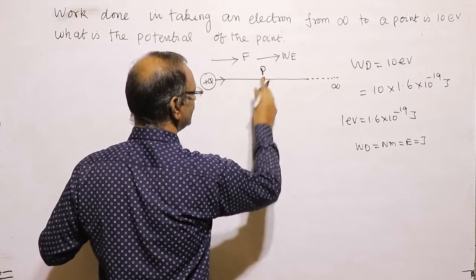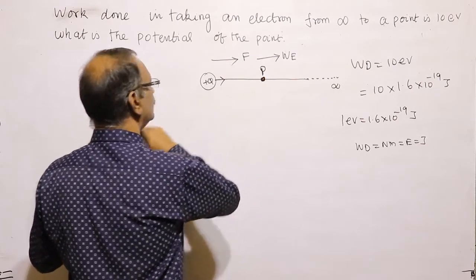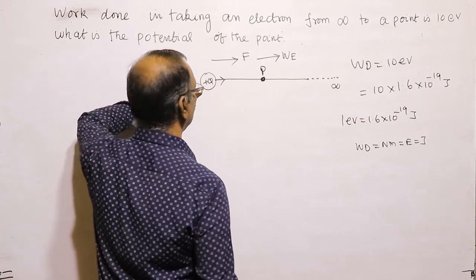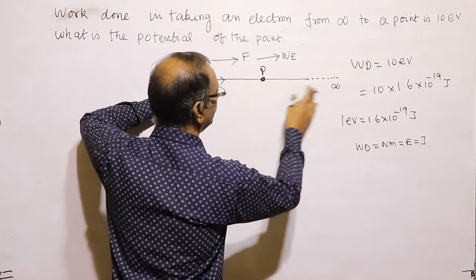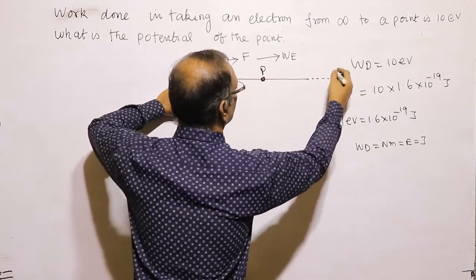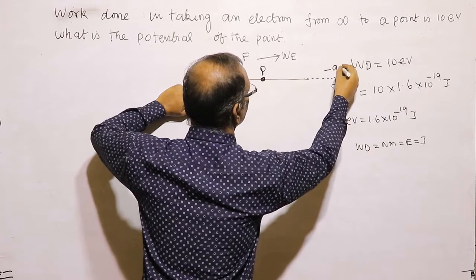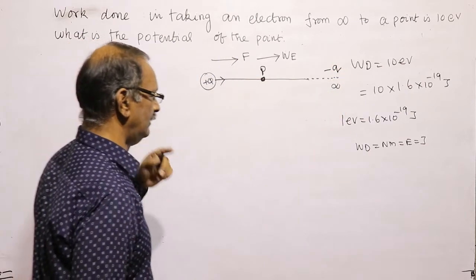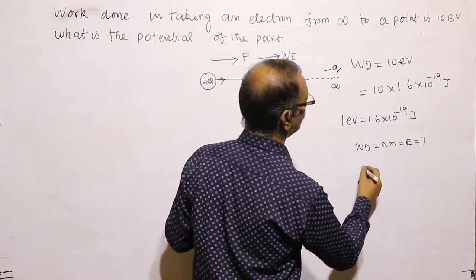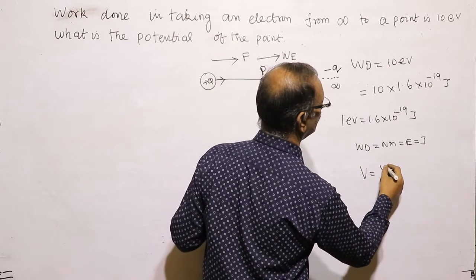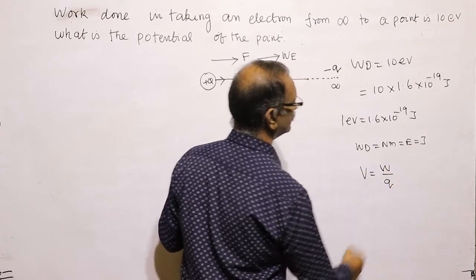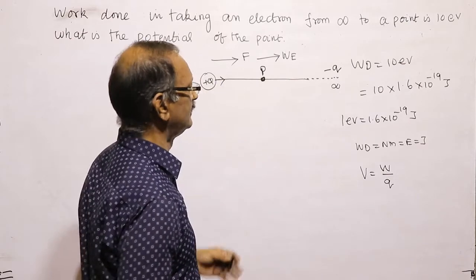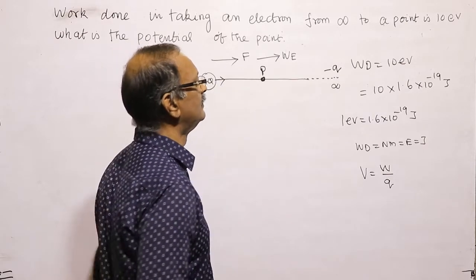What is the potential at this point due to this charge creating an electric field in bringing the electron, that is electron is minus q? Because already we have discussed that potential is equal to work done in bringing a charge. There it was test charge, here the charge is given negative.